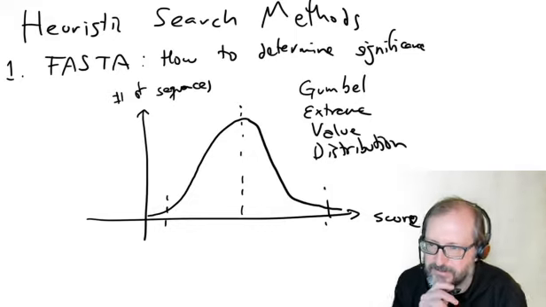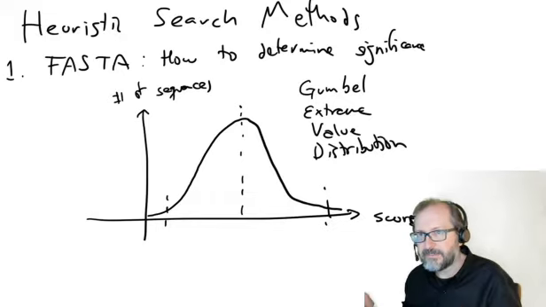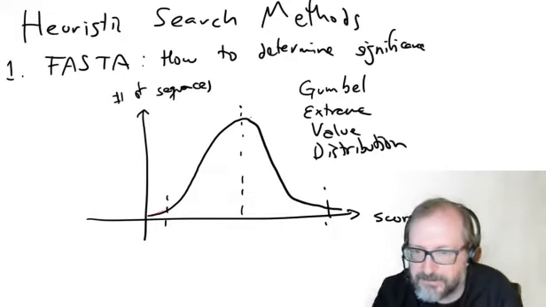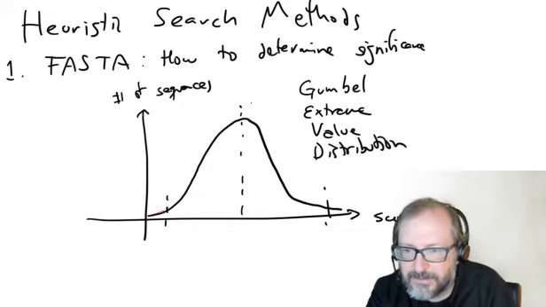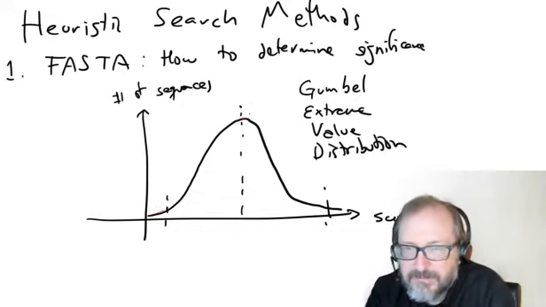So what we're going to do is take one of our two sequences and scramble it, right? And then we're going to try the alignment again and calculate the score, and scramble it again and calculate the score, and scramble it again and calculate the score. And if you do that, it turns out that you get this thing called the Gumbel extreme value distribution, and this will have some peak at some score, right?